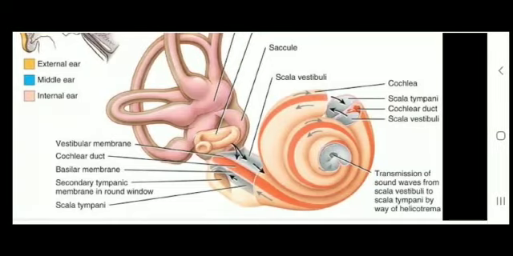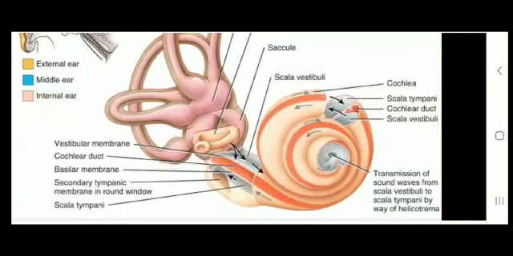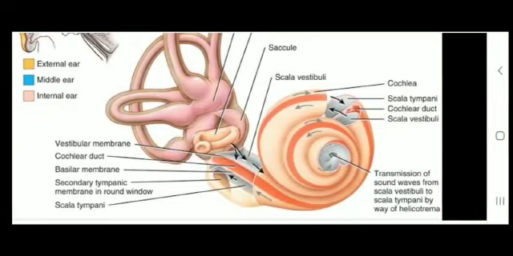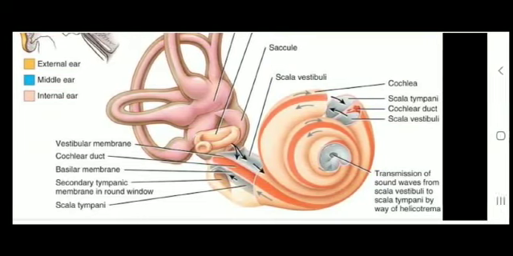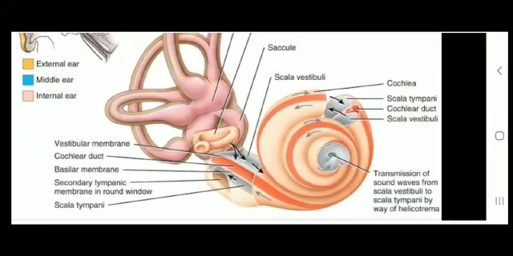You can see in this diagram the vestibular apparatus is again divided into the saccule, utricle, and then the semicircular ducts. That will be dealt with while dealing with the mechanism of equilibrium.